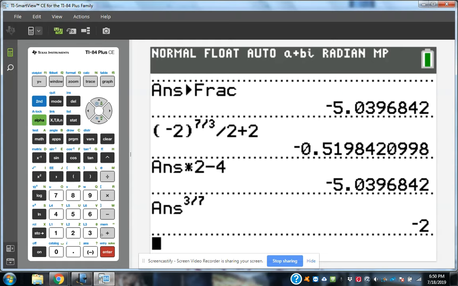Even though it was that ugly answer like this line up here that got me the negative 0.519 stuff, it still can be checked. You just get the decimal, but don't round it when you plug it back in. Don't try to type it into your calculator.